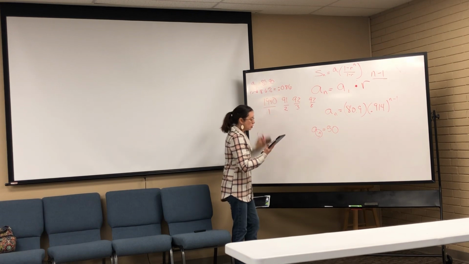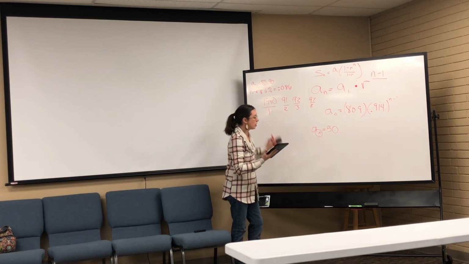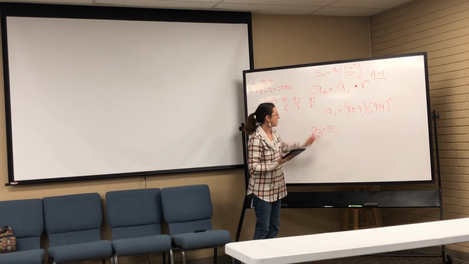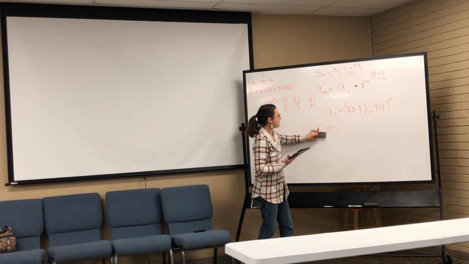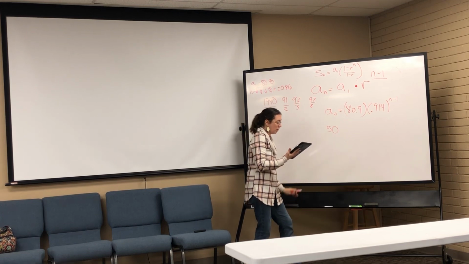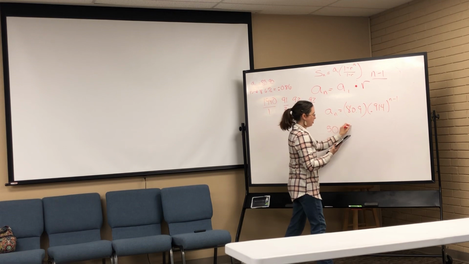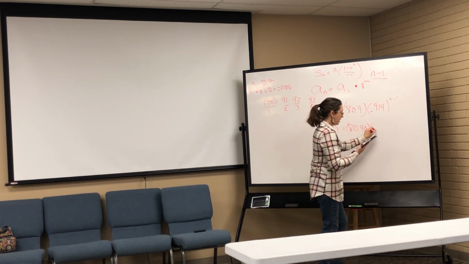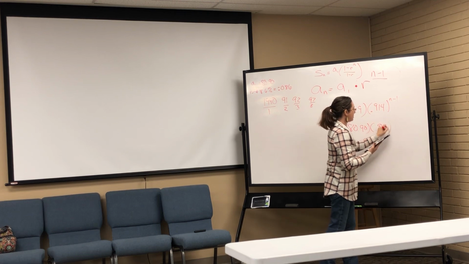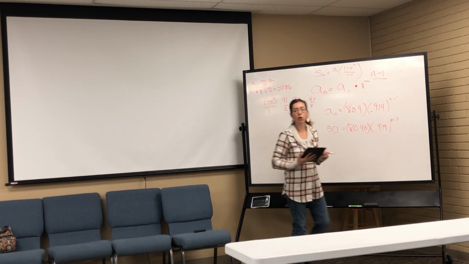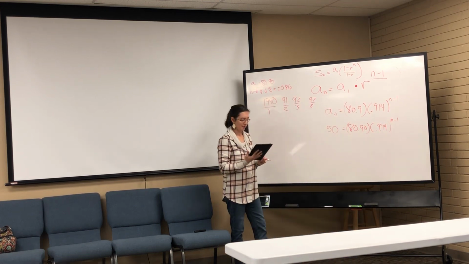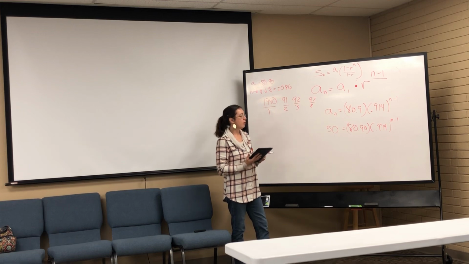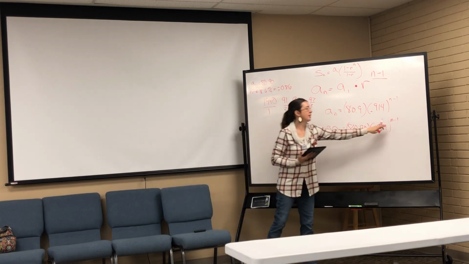To look at that, we're still going to use our equation, but instead we're plugging in 50. So we've got 50 is equal to 80.90 times 0.914 to the n minus 1, and we don't know what n is. The first thing is to get n by itself.